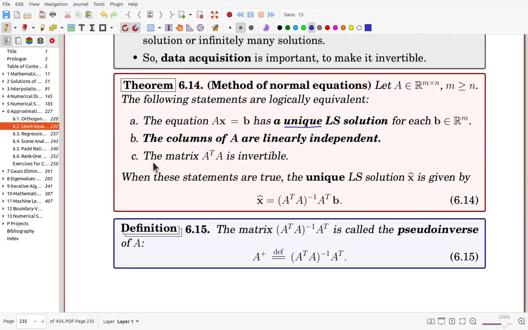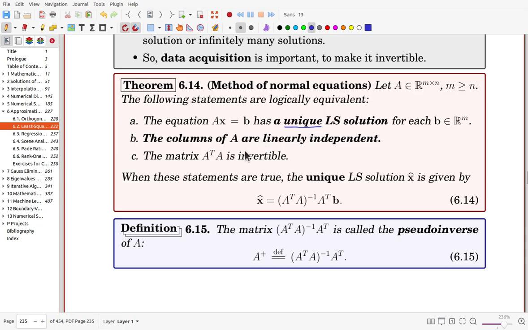So the final one is that the matrix A transpose A is invertible. To find a unique least squares solution, you may check either that A transpose A is invertible or that the columns of A are linearly independent. But checking the first one may not be easy. Columns of A, you can easily check whether they are linearly independent.